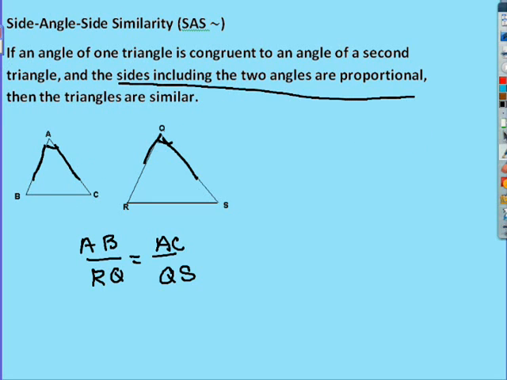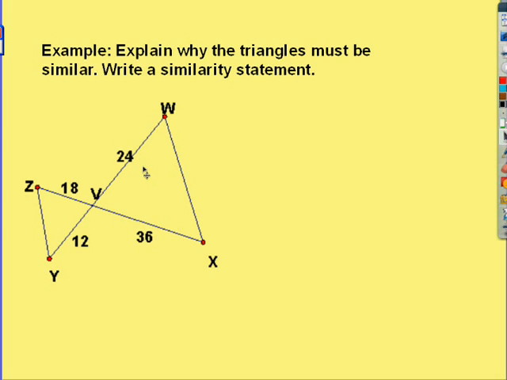Alright, let's look at an example. Okay, take a moment and copy everything down. Alright, it says explain why these triangles must be similar.